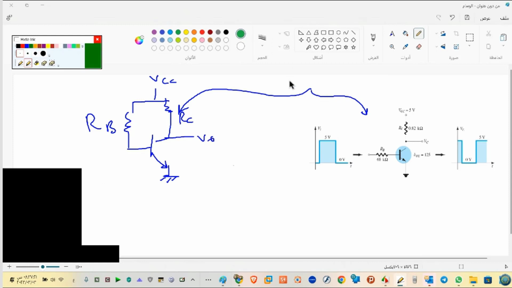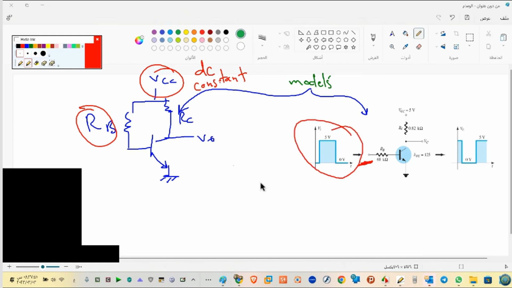These are the transistor models. Here, I will connect RB to VCC, and VCC is DC voltage, or constant. Here, no. This input is not constant.